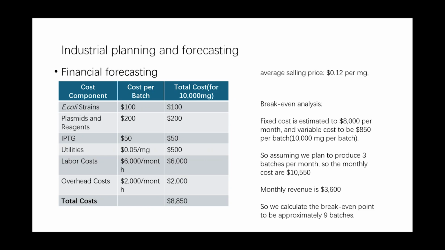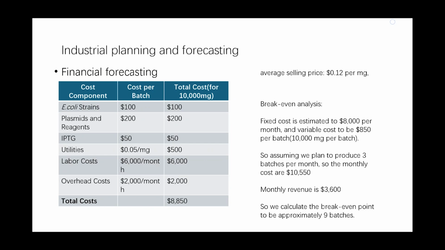So it is financial forecasting. We are not just planning industrial production, but also forecasting our revenues and costs and doing a break-even analysis. Here in the chart are some costs by different components.